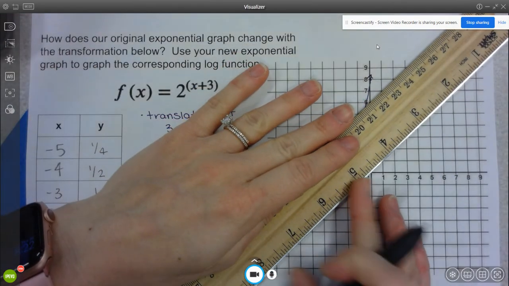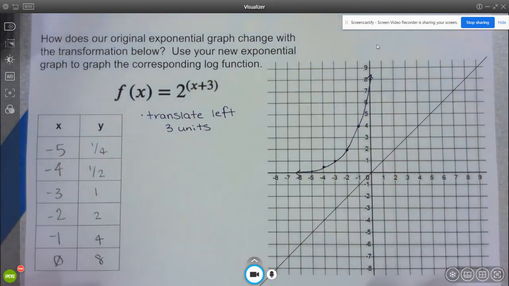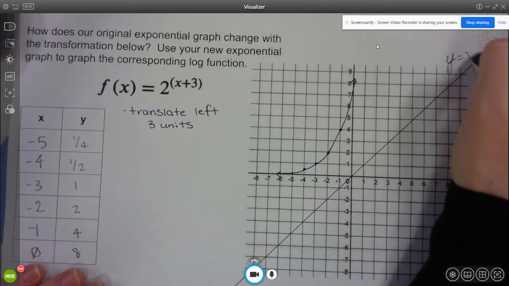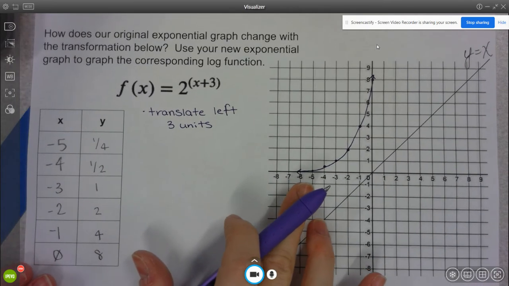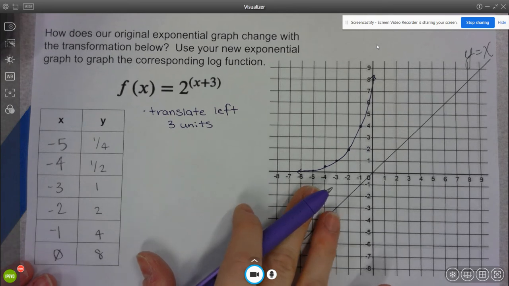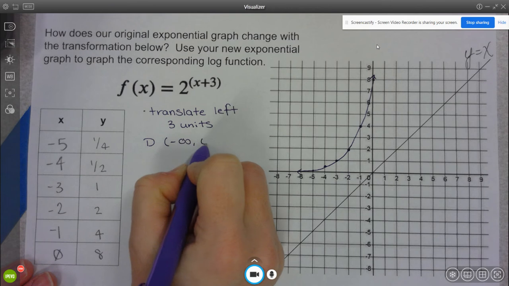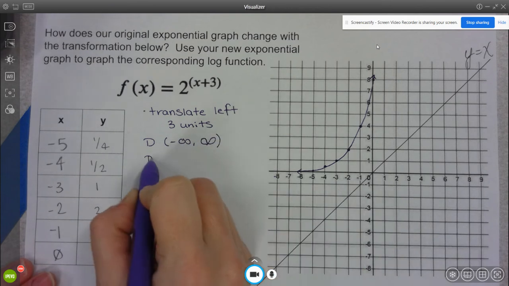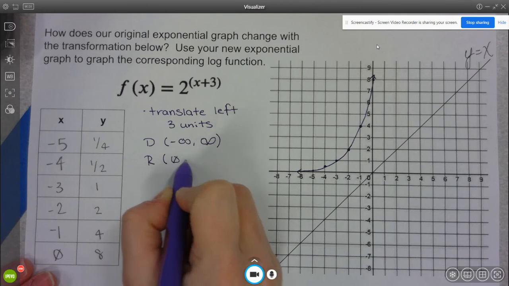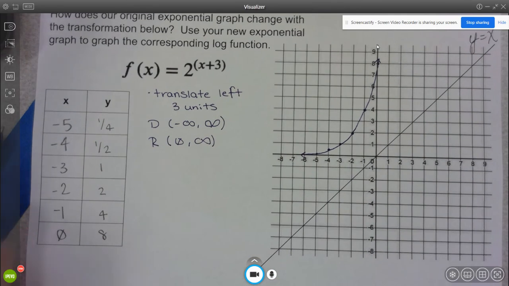So now preparing myself for this reflection that's about to take place. Remember, this is our y = x line. Now in this case, the domain and range have not changed. Domain is still going to be -infinity to positive infinity. And my range is still going to be 0 to infinity, none of that inclusive.